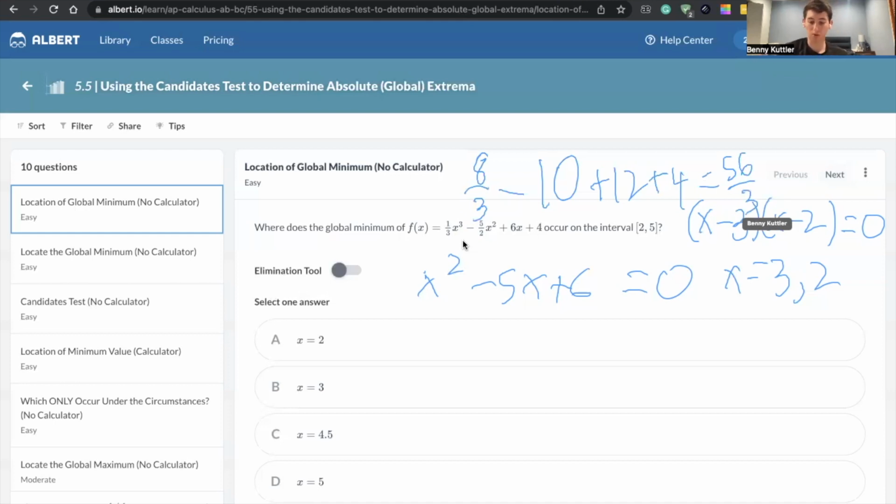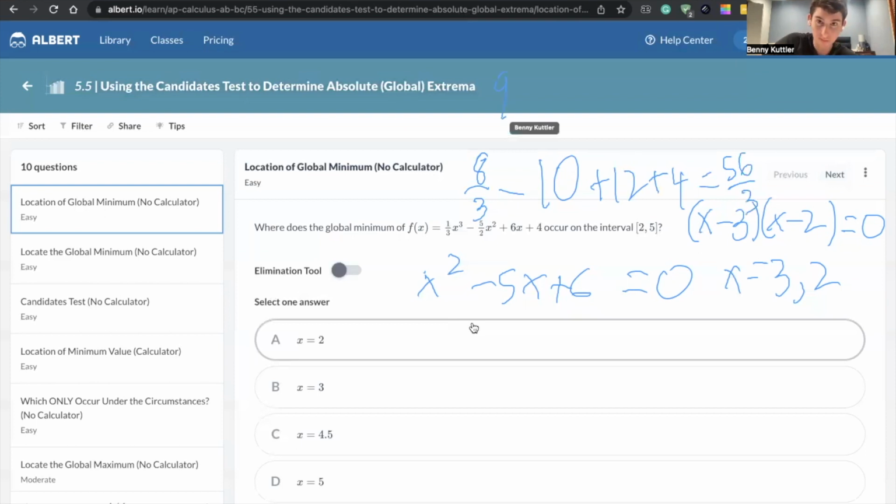So this value, we're just going to check it against all of our other candidates. So now we're going to check our other candidate, which is x equals 3. If we plug in x equals 3, 3 cubed is 27 over 3, so 9, minus 3 squared is 9 times 5 over 2.